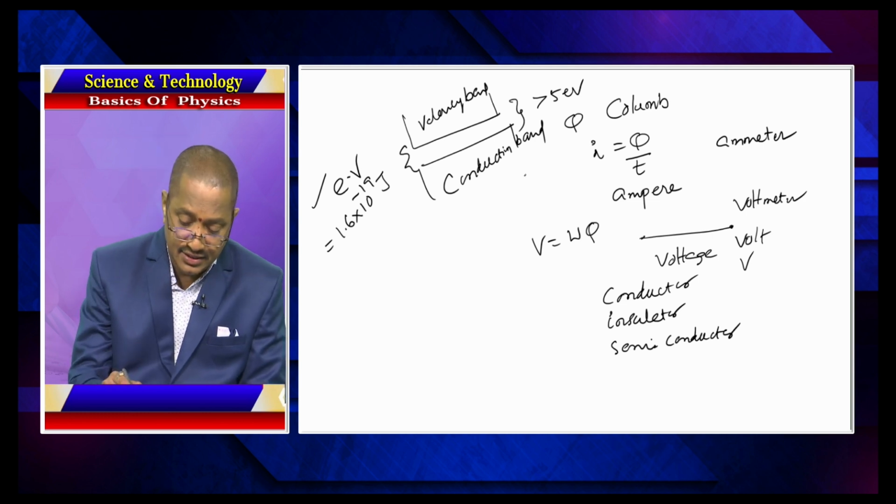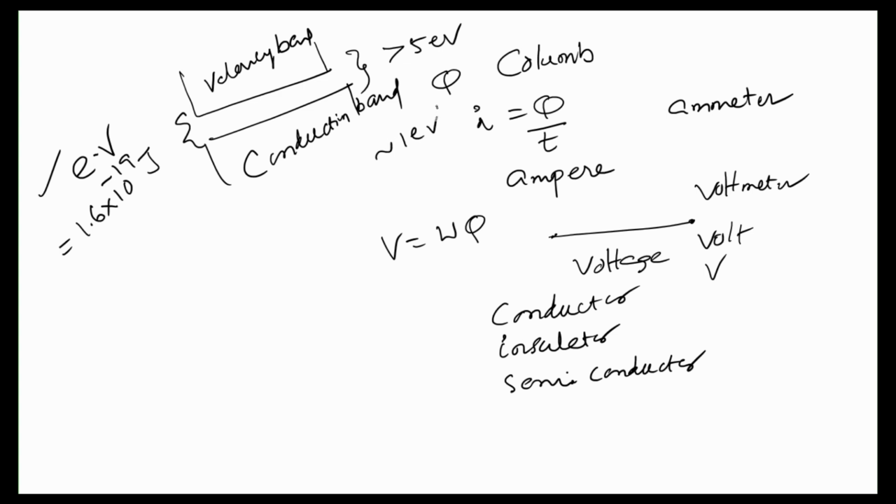If it is around 1 electron volt, there is a possibility to drive the electron from the valence band to the conduction band by applying some external energy. These kinds of objects we call semiconductors.